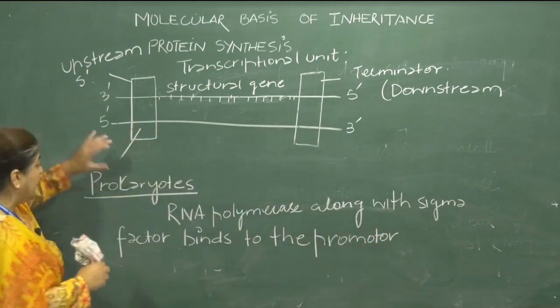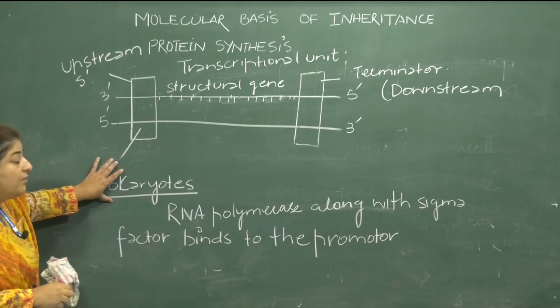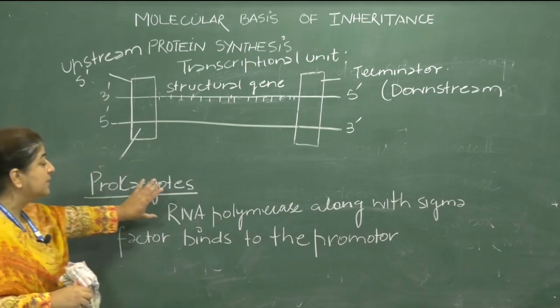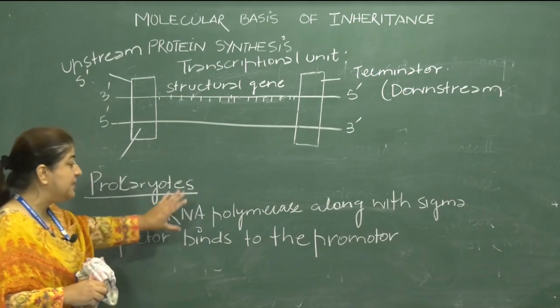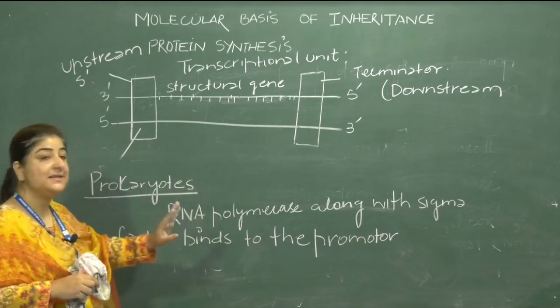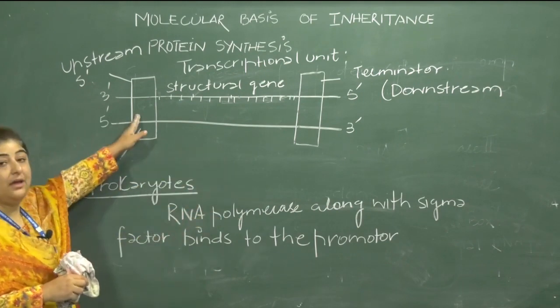This RNA polymerase, that means the core enzyme plus the sigma factor, binds to the promoter region.